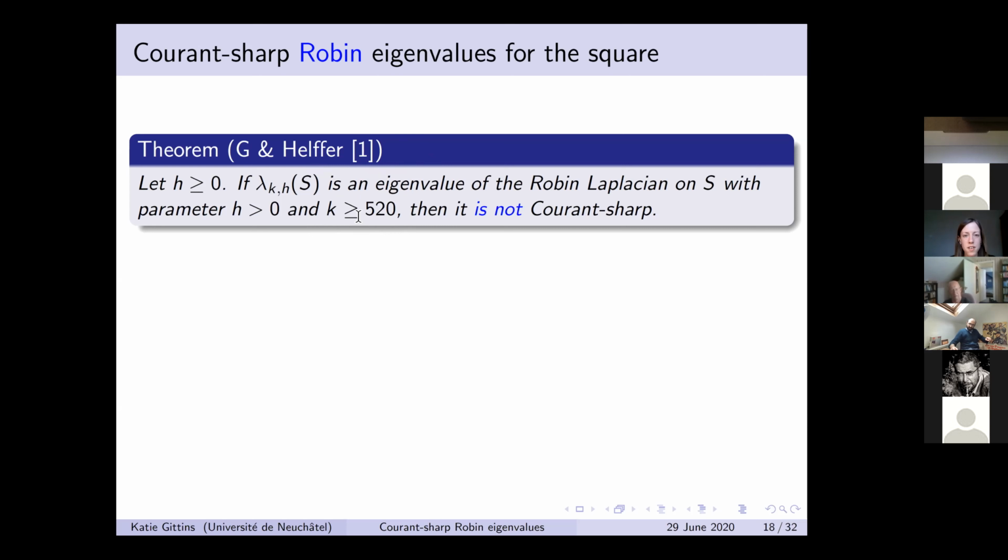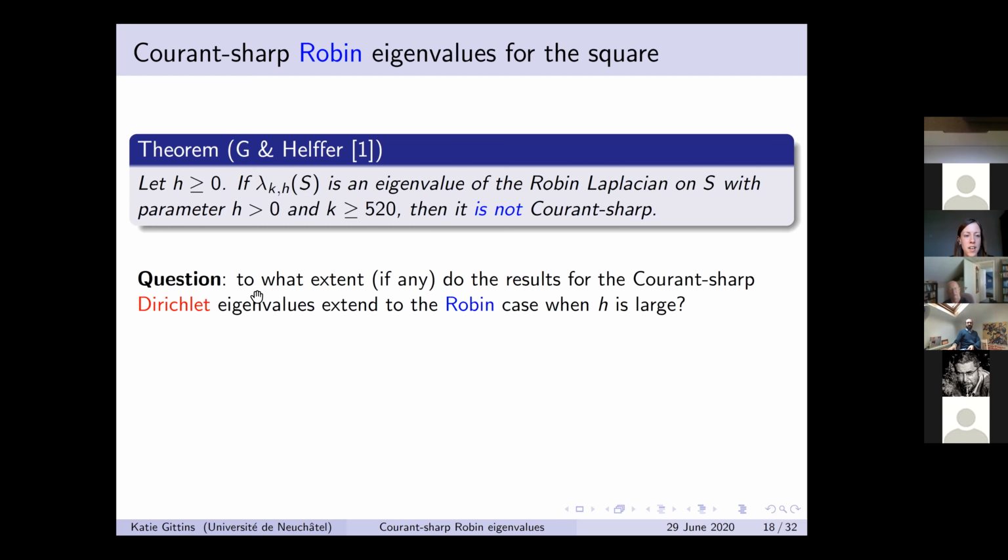So at this point we said, okay, this is okay, but we didn't take h into account at all. So if we do take h into account, can we say something better? Can we reduce the number of cases lower than 519? So the idea was, to which extent can the results from the Dirichlet case extend to the Robin case if I stay in the regime where h is large?